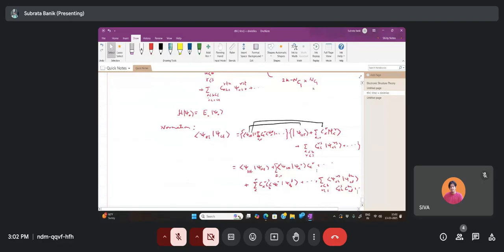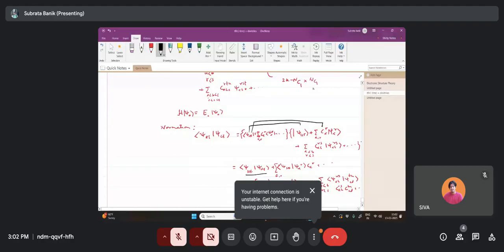This part will come from Hartree-Fock multiplied by Hartree-Fock. This will come from Hartree-Fock multiplied by any one of the excited determinants, so I have just written one term. Similarly, Hartree-Fock will be overlapping with the two-body excited determinant, with the three-body excited determinant, and so on.